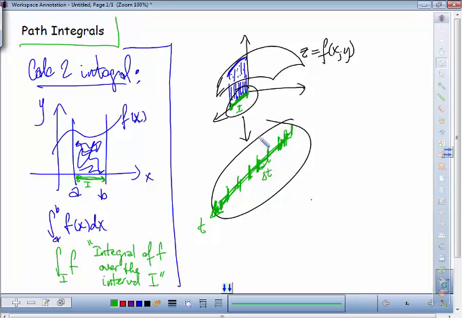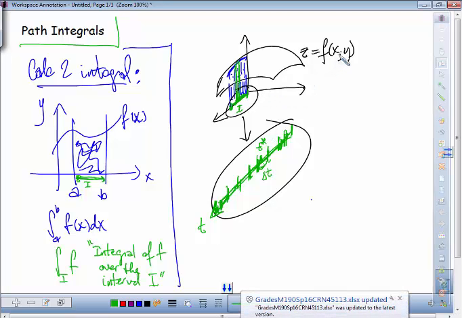And then that delta t would be the base, and then the height would be putting some point here. Let's call that point t star. It could be the left endpoint, the right endpoint, or the midpoint. And this particular t star could possibly have x and y values, right? Because I can't just put t in there. I have to put x and y.